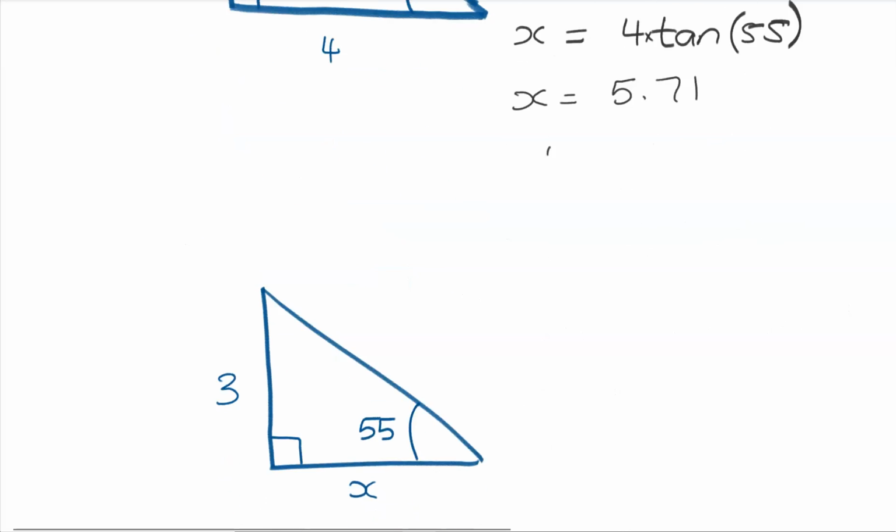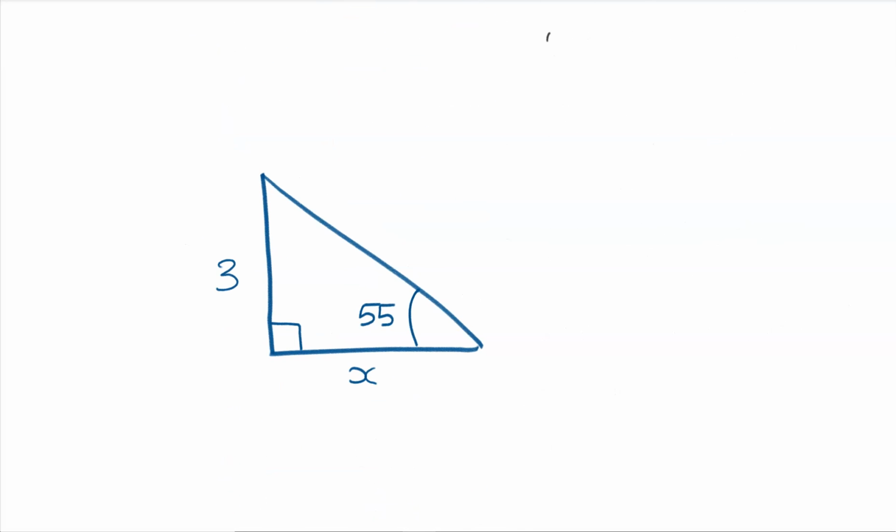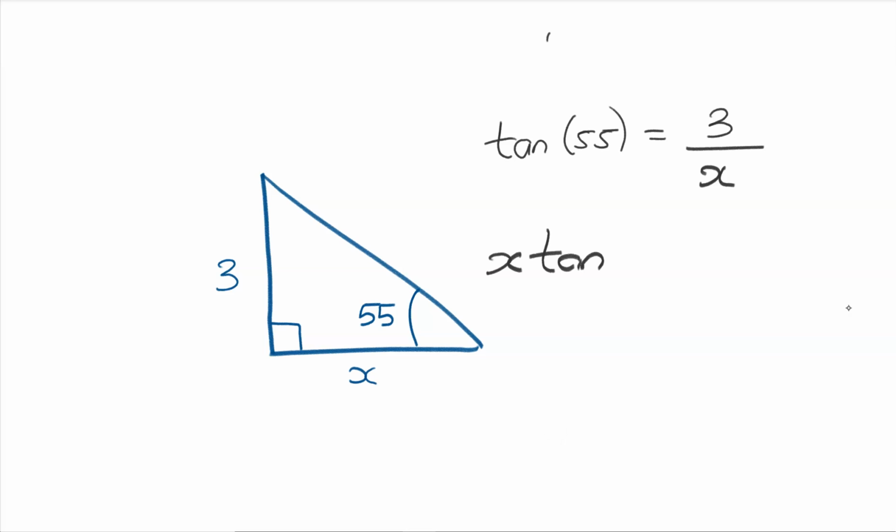Now, last triangle we'll look at, again, using that idea of tan or TOA. We've been given the opposite length, we're trying to find the adjacent. So we've got tan of angle 55 is equal to the opposite length, which is 3, divided by the adjacent length, which we're trying to find, which is x. And again, we rearrange. Tan of 55 equals 3 over x, and we want to isolate the x.